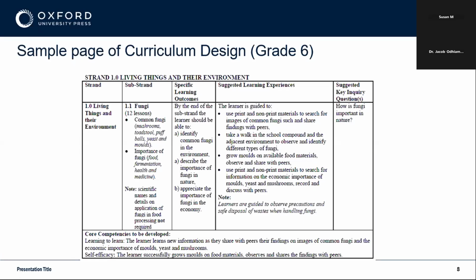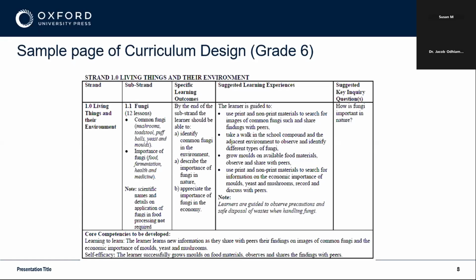Then the science walks. I didn't get the question well about the science walks. What the learning experience would be, what should be achieved by the learners during the science walk. Everything that the learner does is supposed to achieve a certain outcome. So a science walk is supposed to achieve a particular learning outcome.